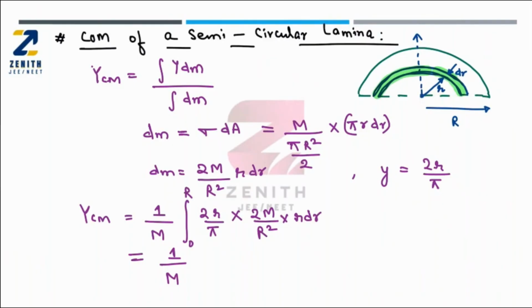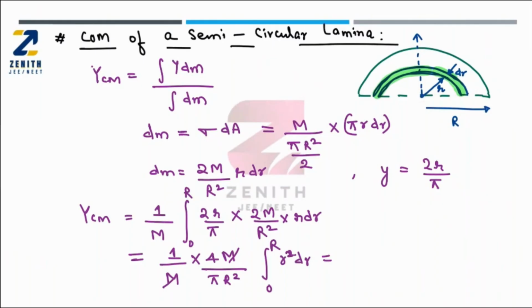So 0 to r. Now if you take common, this is nothing but 4m, and here will be pi r square. So now the integration left is 0 to r, r into r is r square dr. So this m will cancel out.